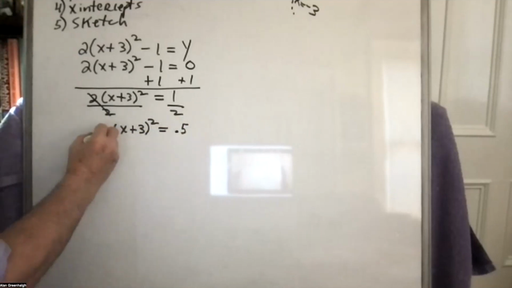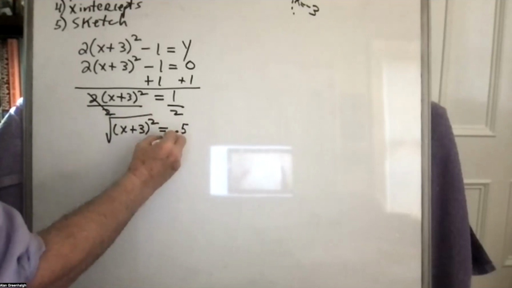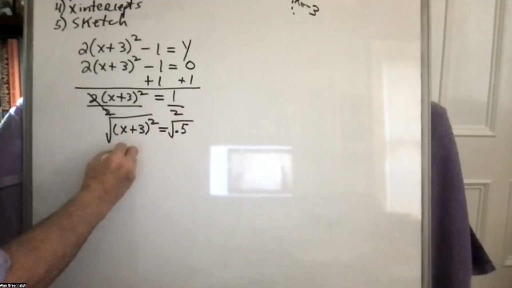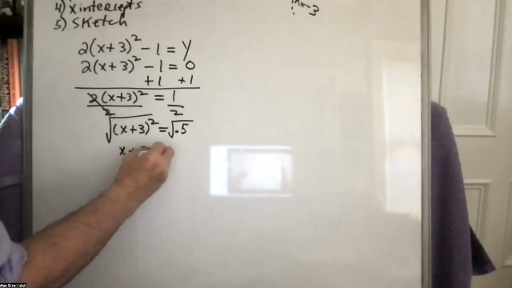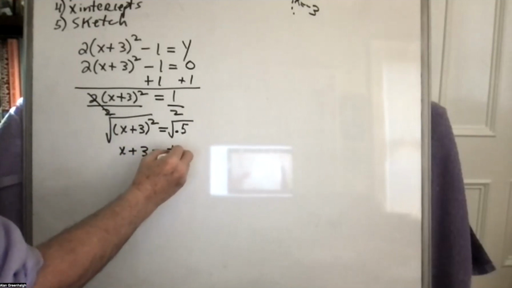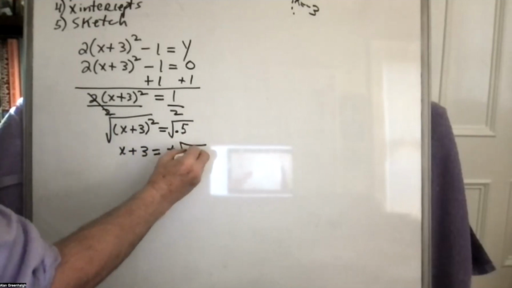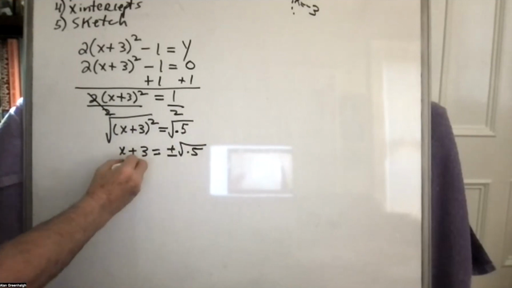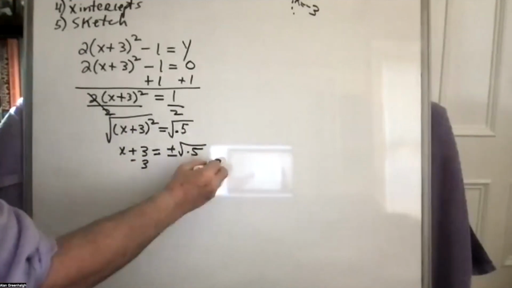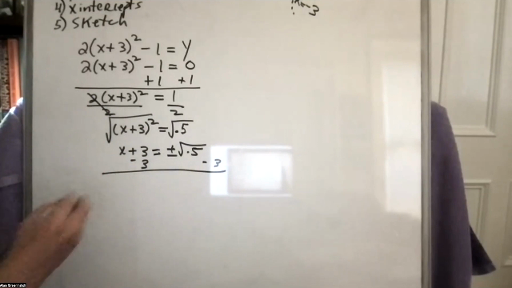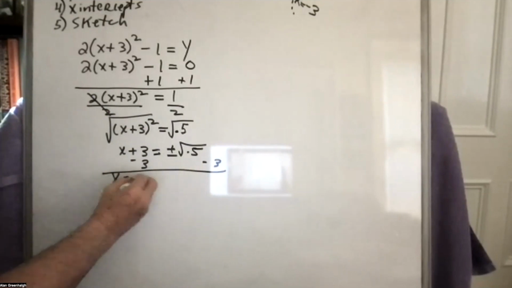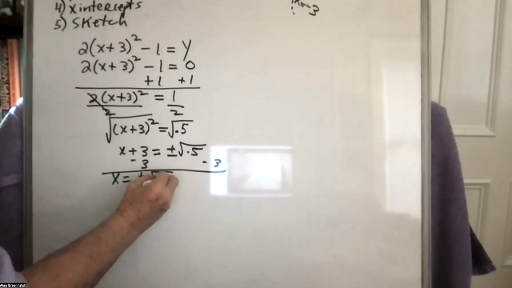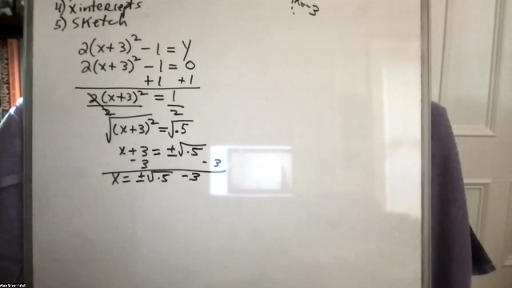Now we take the square root of both sides of the equation. x plus 3 is equal to plus or minus the square root of 0.5. And then we bring over the negative 3, and x will be equal to plus or minus the square root of 0.5 minus 3.